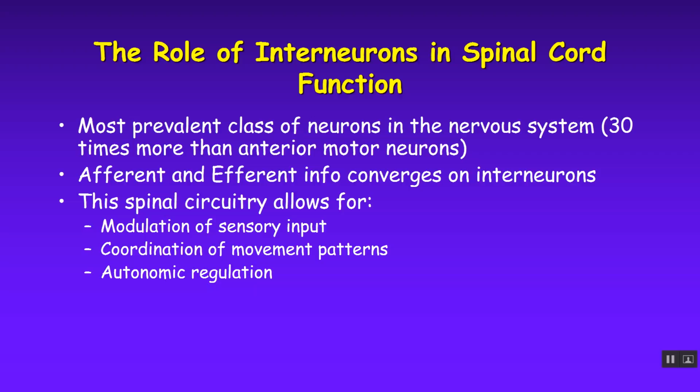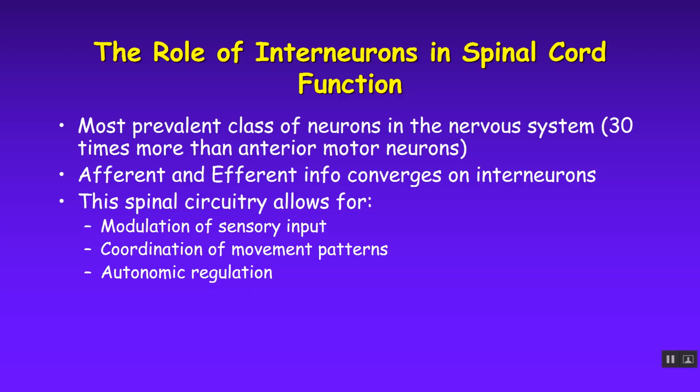Afferent information coming in from the periphery, from the viscera, from the muscles, from the skin, not only goes up and down, but it synapses and communicates with interneurons right at those segmental levels. Same thing with information coming down. All the efferent, motor system information also synapses on these interneurons.